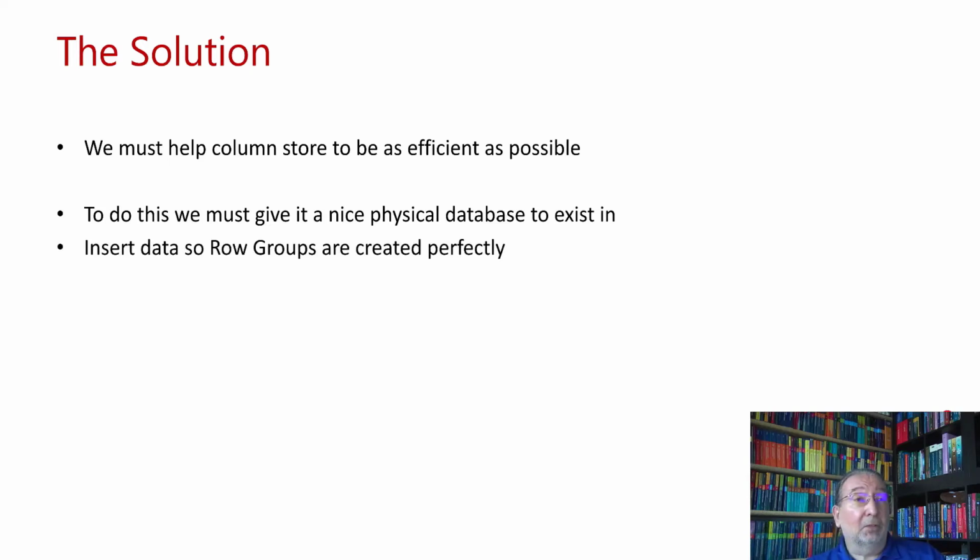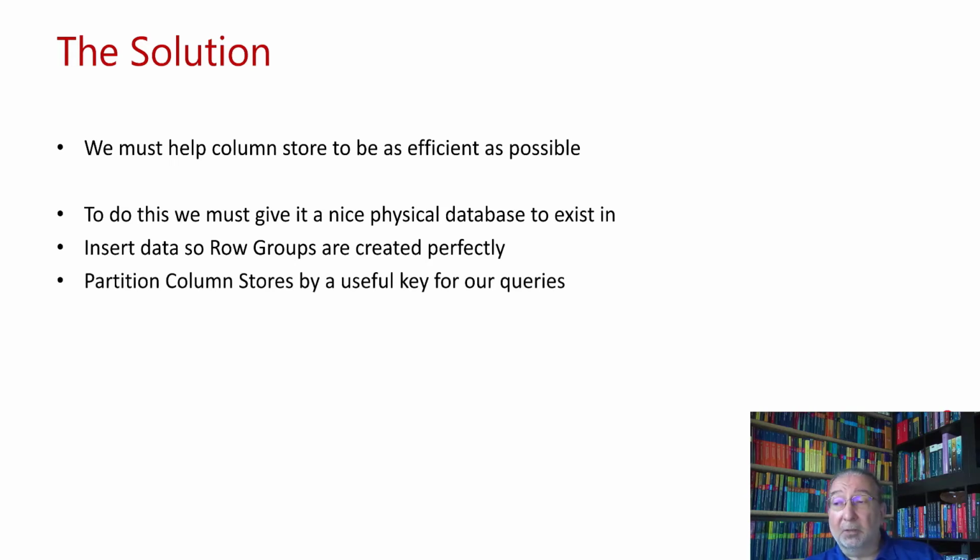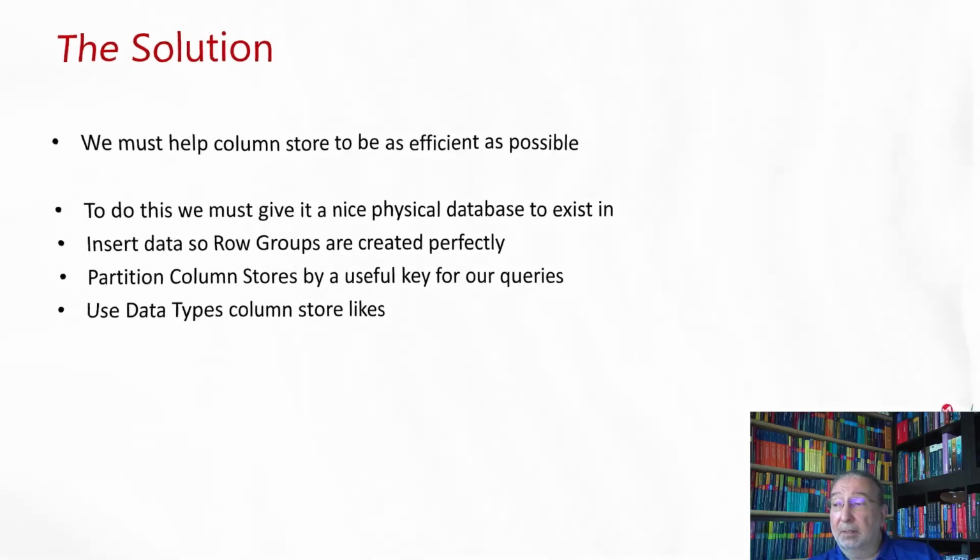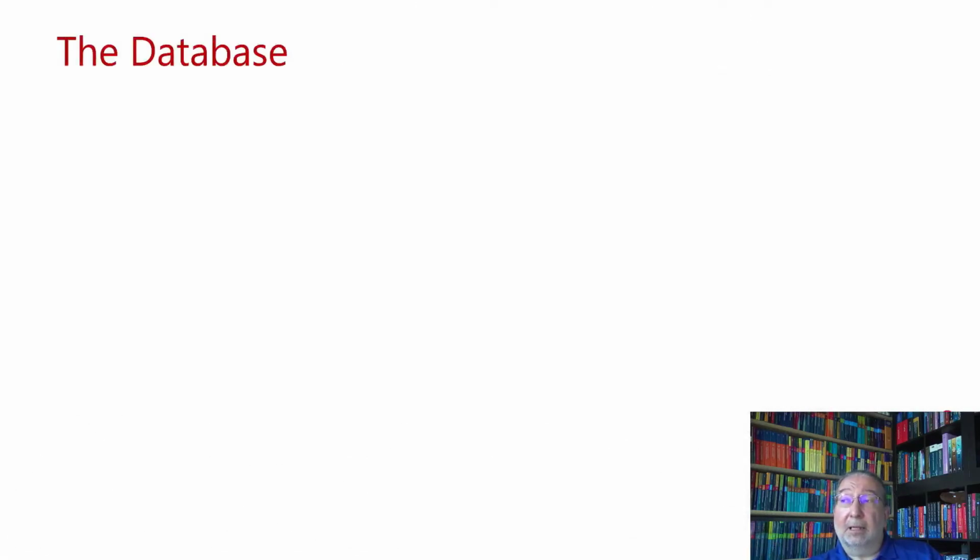We need to insert data so row groups are created perfectly and not as a compromise. We have to partition column store. It's the only type of index that actually gets much faster when partitioned. We have to use the correct data types to make all that happen.